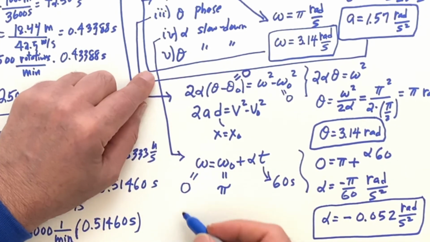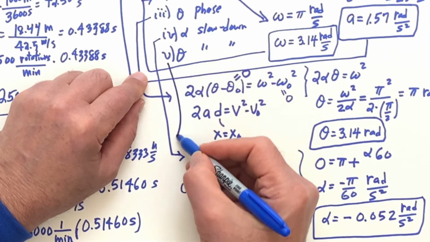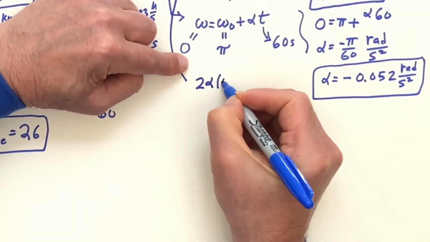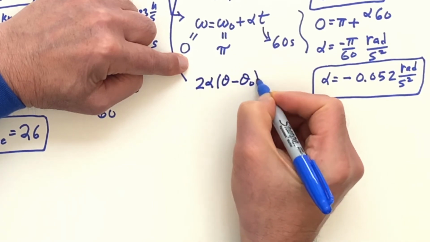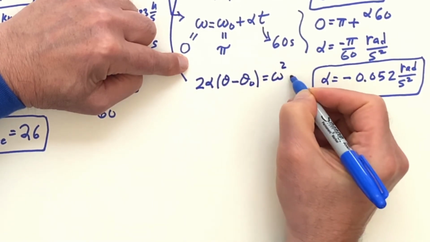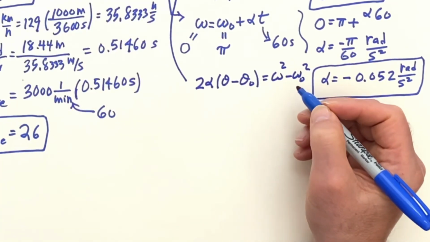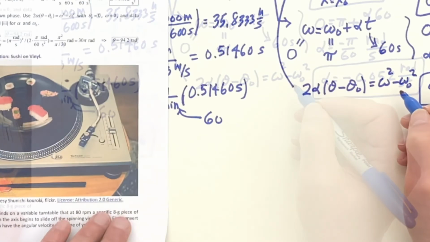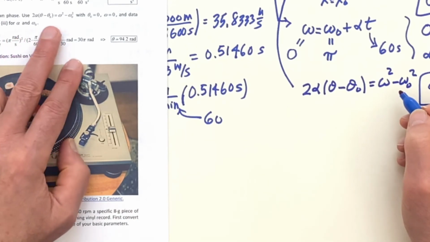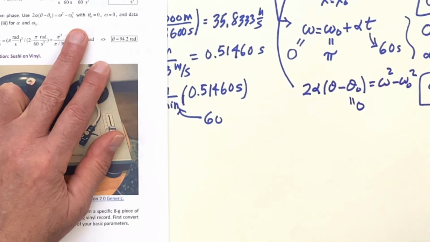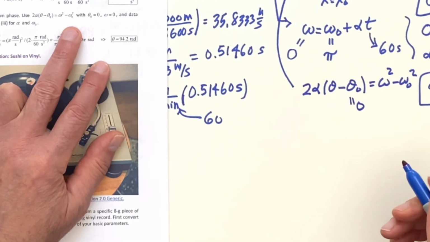Then the angle swept out here, 2 alpha times theta minus theta naught is omega squared minus omega naught squared. This is the same kind of formula we used already once. And for the slowdown, we'll take the initial angle as 0 because you want to know the angle swept out.